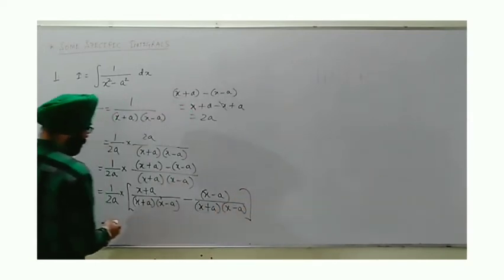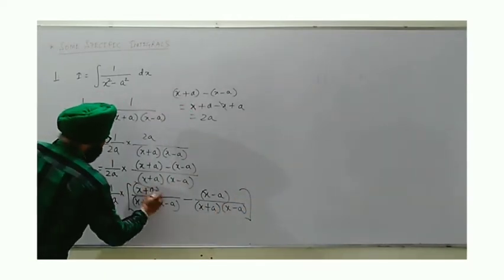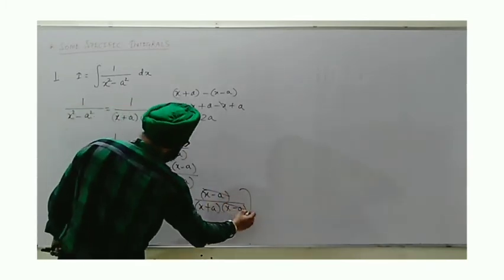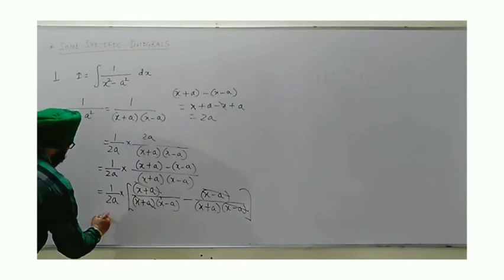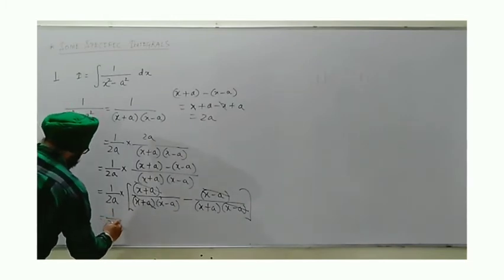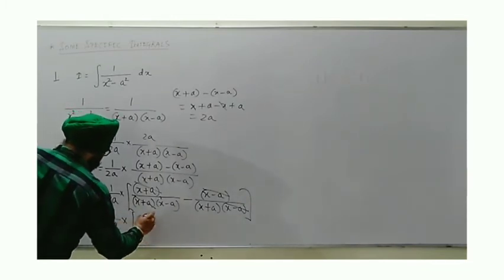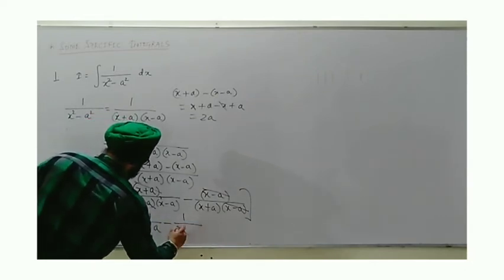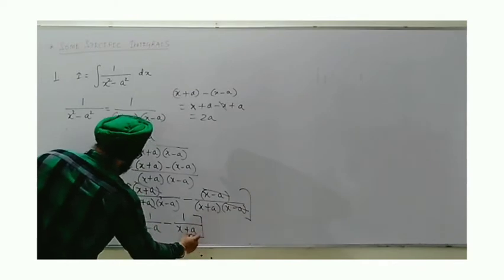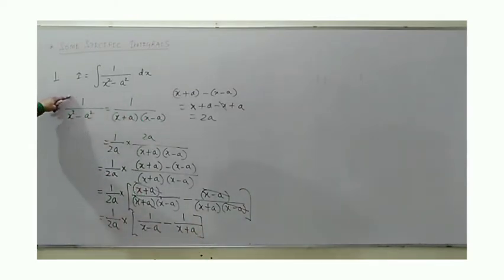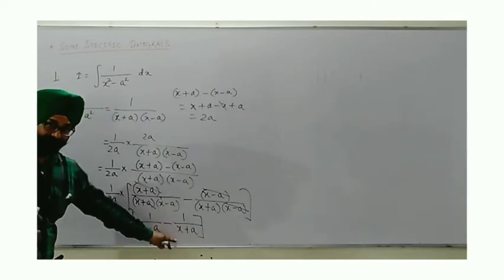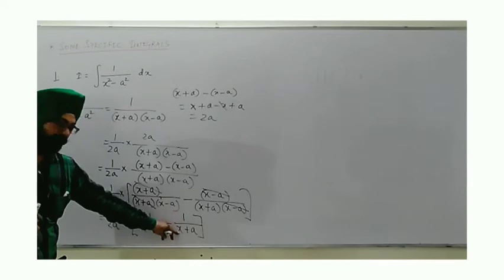Now you see what is the change. In the numerator, this factor cancels out, here x minus a cancels the other x minus a, and finally we have 1 upon 2a into 1 upon x minus a minus 1 upon x plus a. Now you can see we have converted this rational expression into the difference of two terms, each integrable directly.